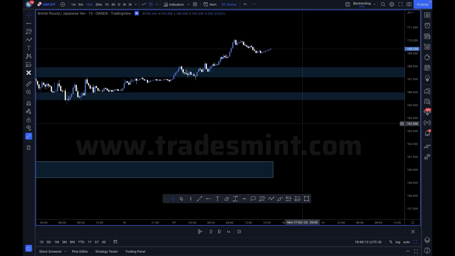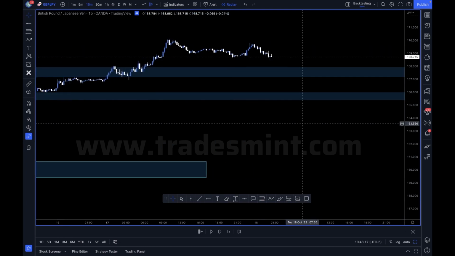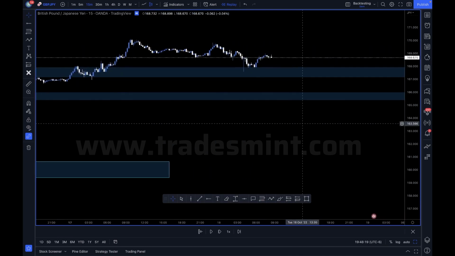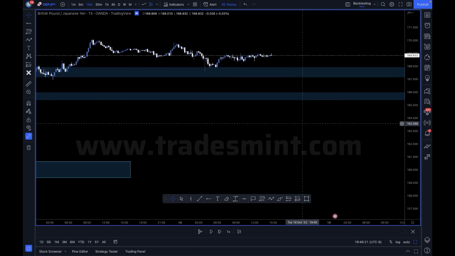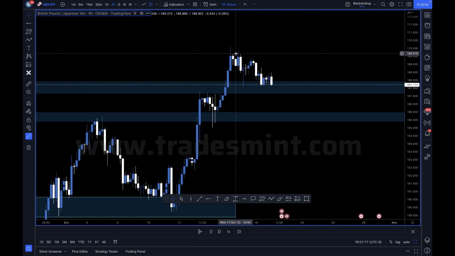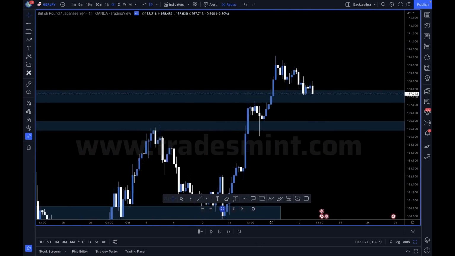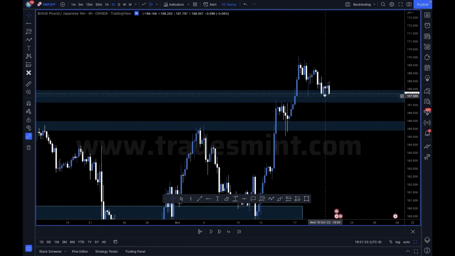So now, once I have those three, I'm looking for entry confirmations. So I'm going to drop down to the 15-minute. As we let the candles play out, we'll see the price come to our zone.